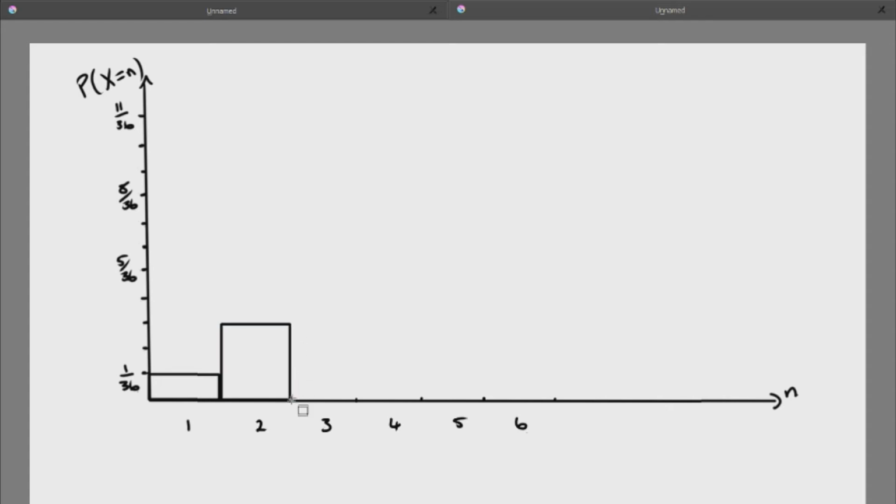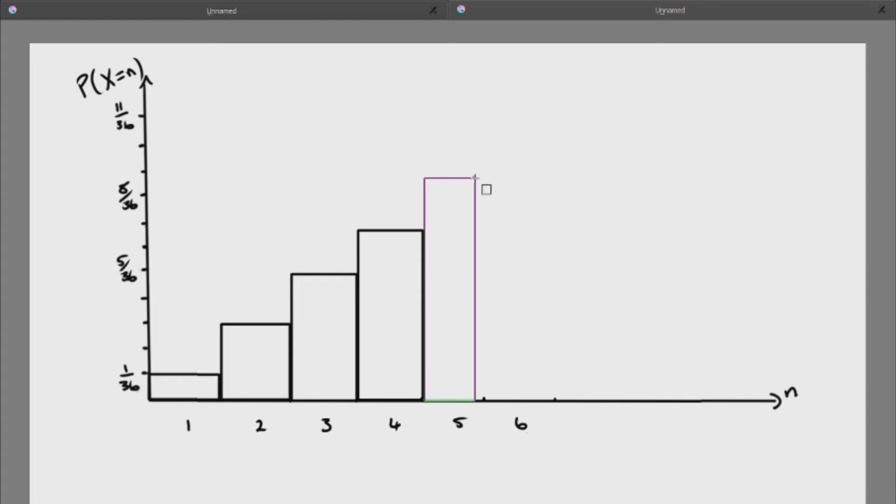Then it was 5, like so. Then it was 7, which is roughly over here. Then it was 9, and I'm just eyeballing this. And then it was 11.